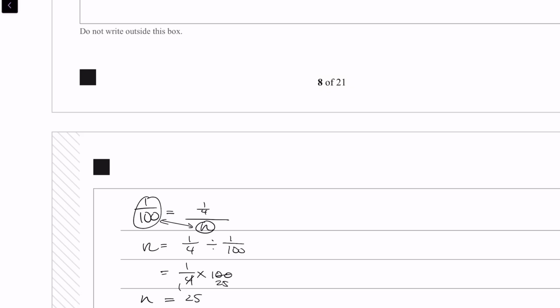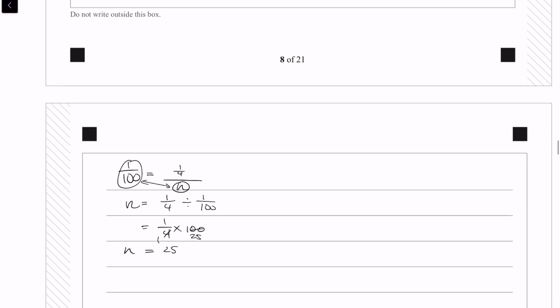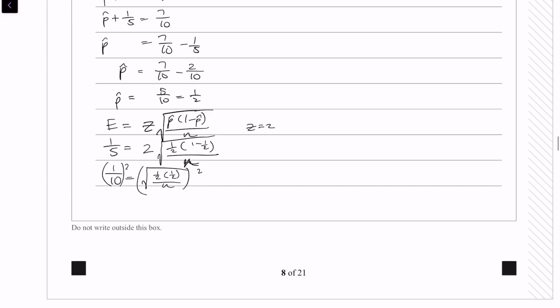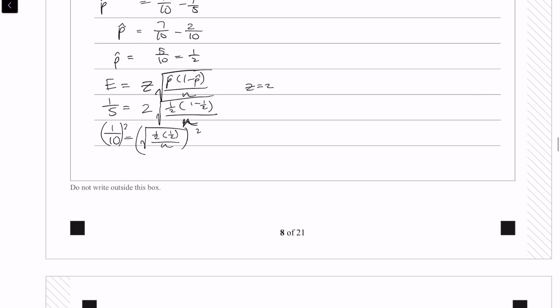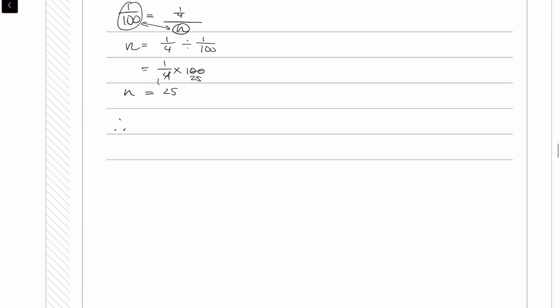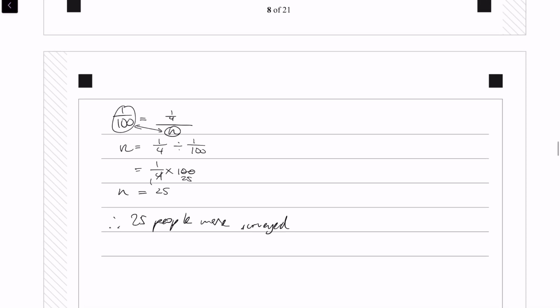Okay, and so that is the number of people that have been surveyed. So, given this is a word problem about the policy, I might say therefore 25 people were surveyed, just to be safe and make sure that I'm getting full marks for responding in an appropriate manner.